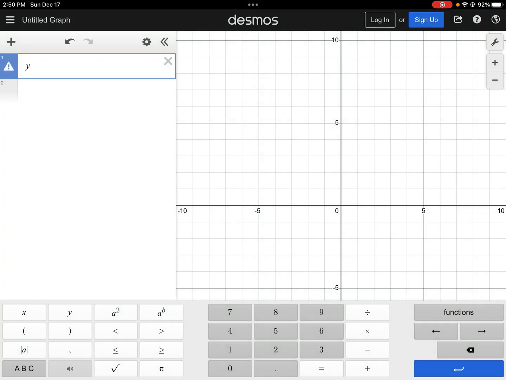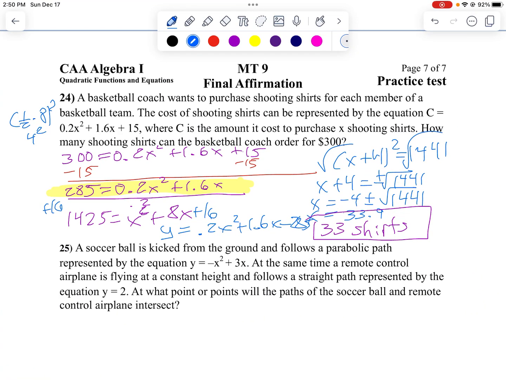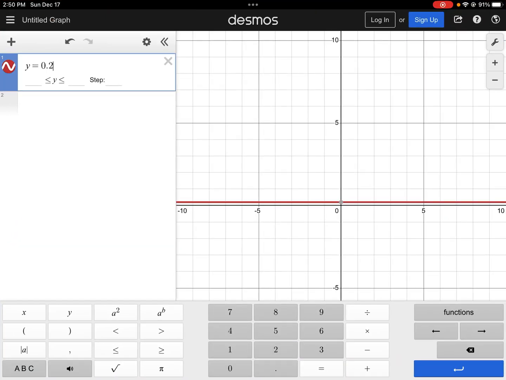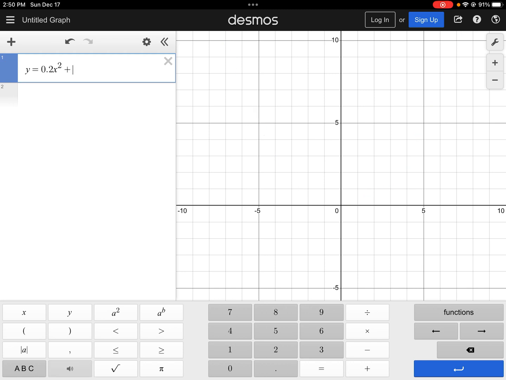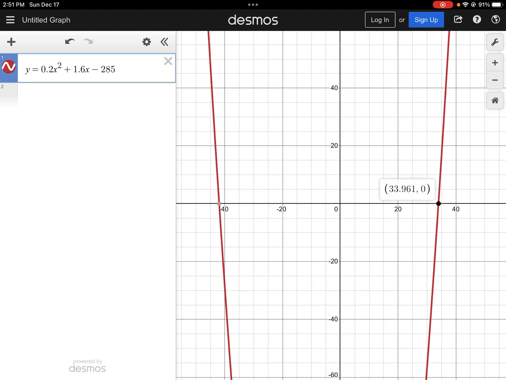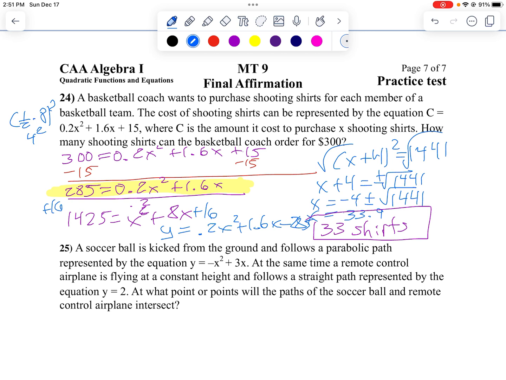So y equals, if I remember right, 0.2x squared plus 1.6x, and then minus 285, right? Then I'll zoom my graph in, and notice we get about 33, don't we? So no matter how you do this problem, you'll get the same answer. Just do whatever way you want to do it.